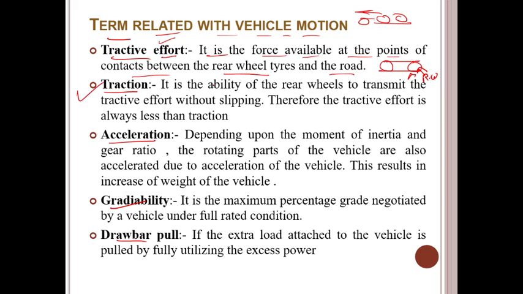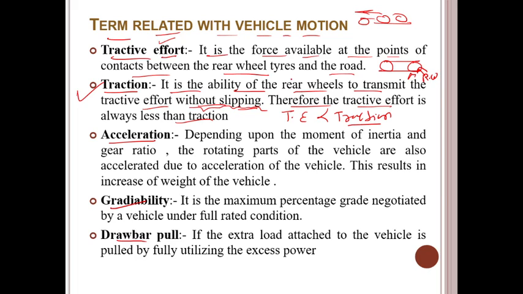Second, traction is the ability of the rear wheel to transmit the tractive effort without slipping. Most important, without slipping. Therefore the tractive effort is always less than traction. This means the vehicle does not slip, and moves properly along the road.